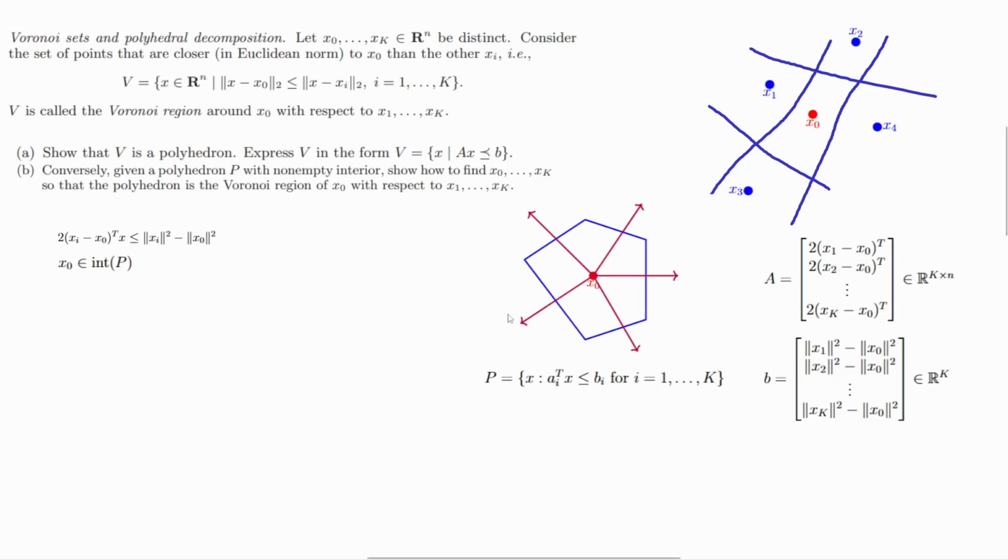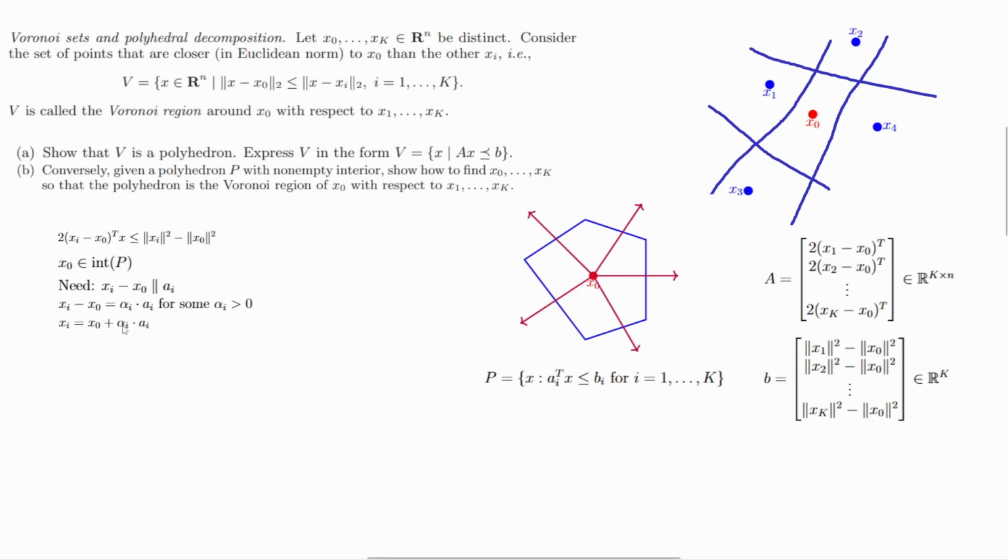And xi would be here, and x0 is here, so we need them to be parallel with each other. So this naturally leads to the following equation. Since they're parallel and overlapping, the vector xi minus x0 is just some multiple of ai. So we can rewrite this as follows.